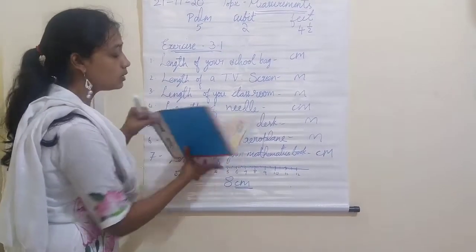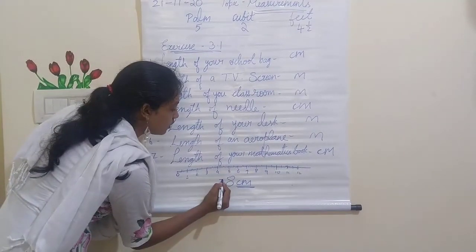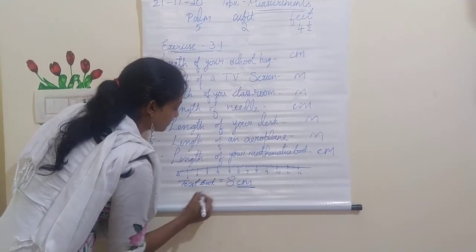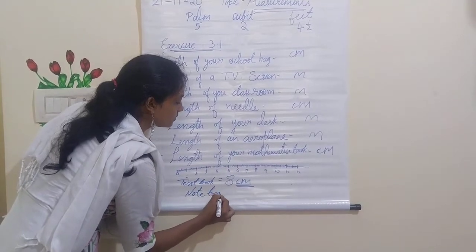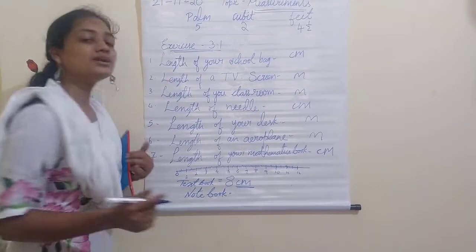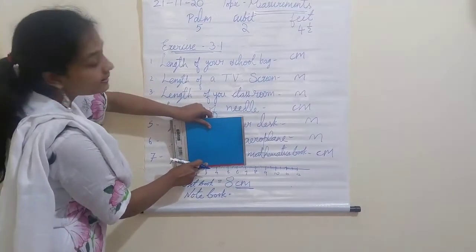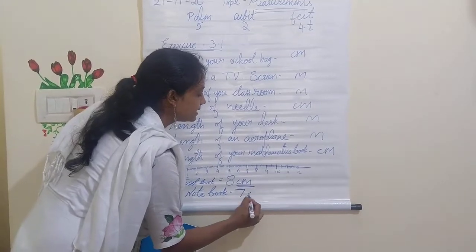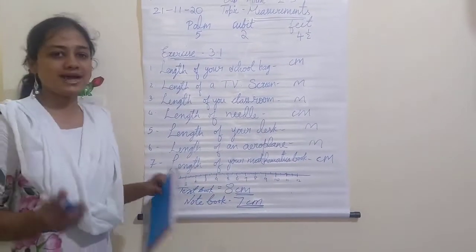So my textbook was 8 centimeters. That was for the textbook. Now I have measured my notebook. So what is the measurement of my notebook? It was 7 centimeters. So I will be writing 7 centimeters. That is my answer.